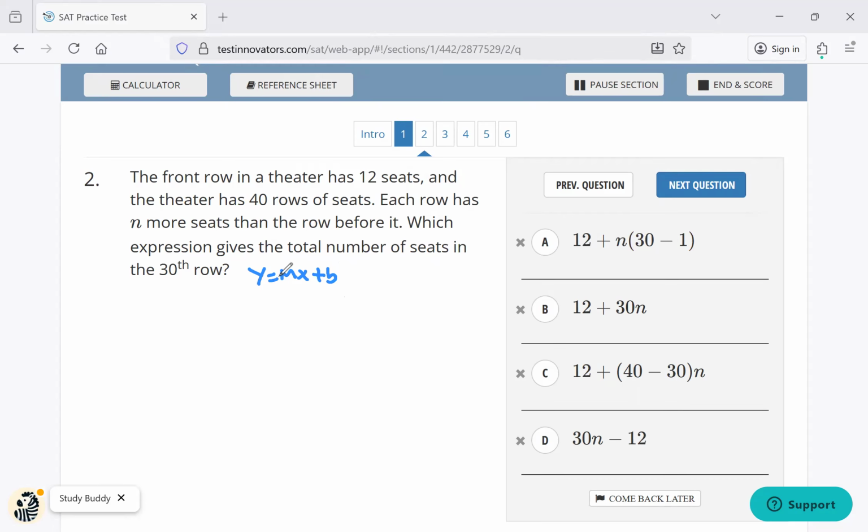Or actually, we don't need the y. But what would be our b? Our b is our given value. What is our given value? They're saying that the front row of the theater has exactly 12 seats, so our b is going to be 12. What would be our m? That's the tricky one. Since there are 12 seats to start, and then there are n seats for every row.